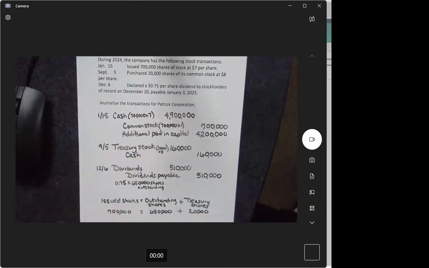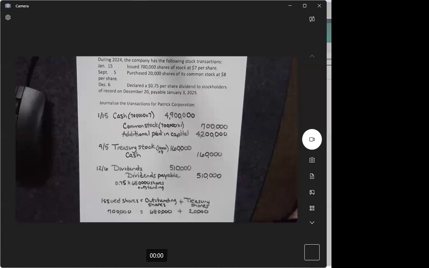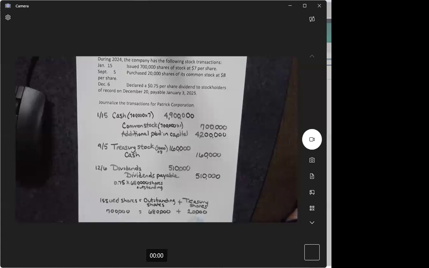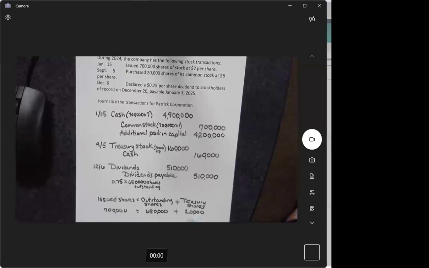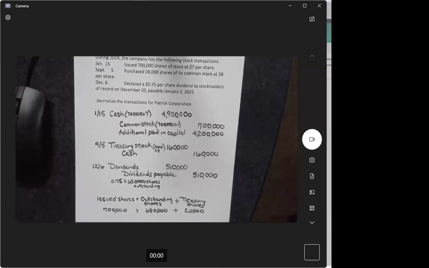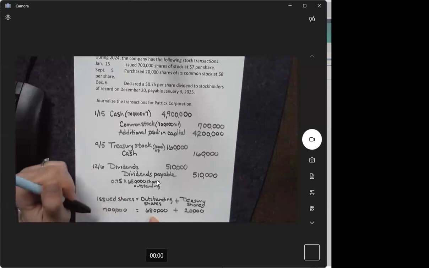And we only pay dividends on outstanding shares of stock. Because if we pay dividends on all 700,000 shares, part of that dividend we'd be paying to ourselves. Because remember, the company now owns those treasury shares. Doesn't make any sense for us to pay a dividend to ourselves. So you want to make sure you remember, you only pay dividends on outstanding shares of stock.